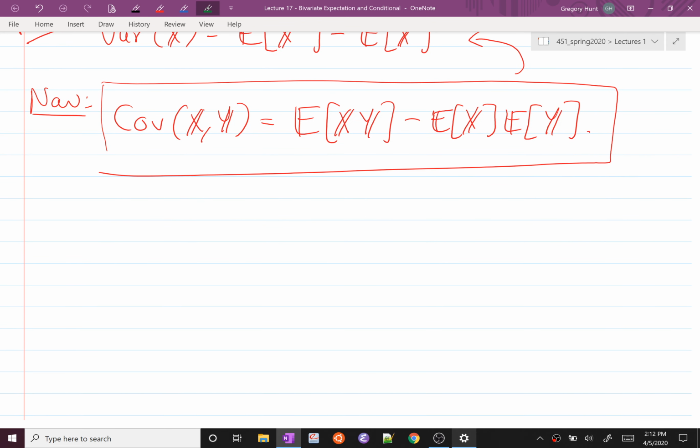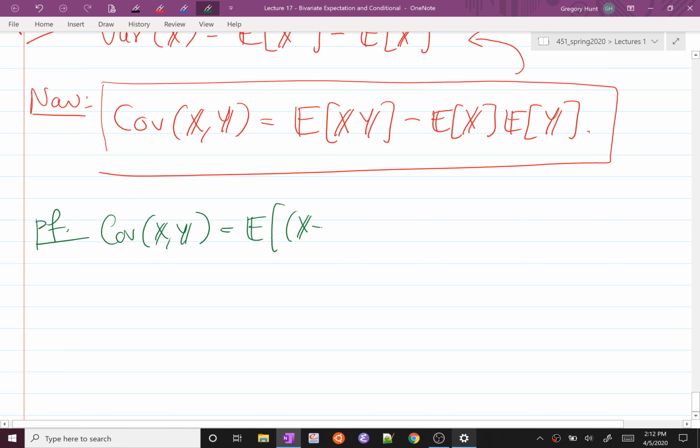Proof, real simple, just as simple as the variance case. The covariance of x and y is the expected value of x minus its expectation times y minus its expectation. Let's just distribute this all out.